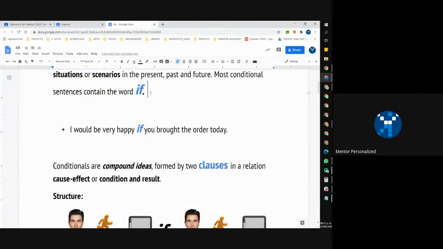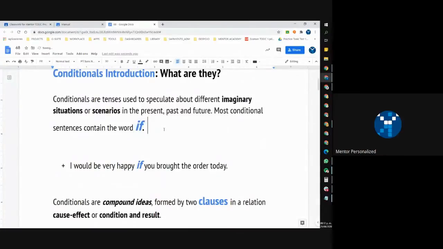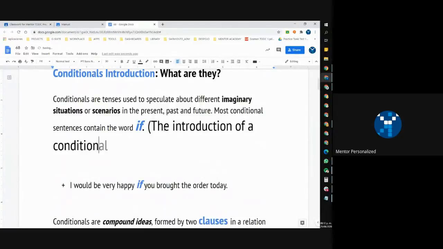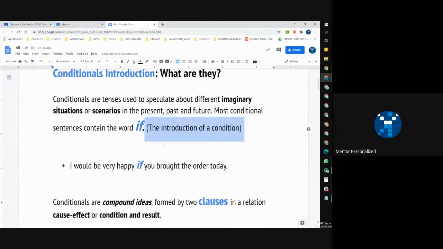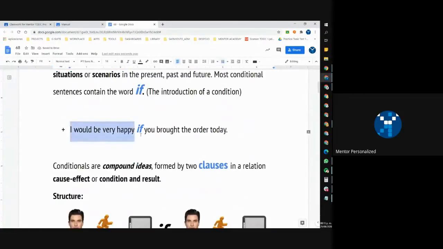So if expresses the introduction of a condition. Very good. For example, I would be very happy if, in the condition, you brought the order today.